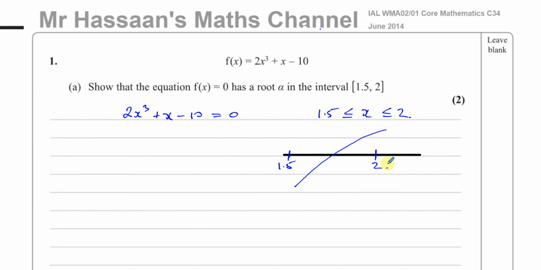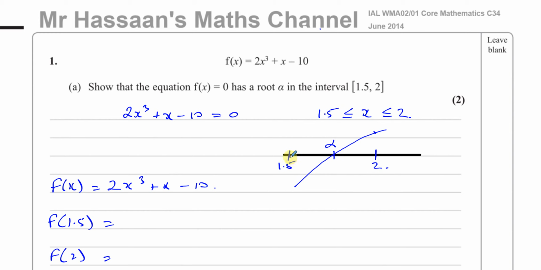If there's a root between 1.5 and 2, then when you replace x with 1.5 inside the function f of x equals 2x cubed plus x minus 10, it's going to give me a certain value. And when I replace x with 2 inside this function, it's going to give me a value with a different sign, because the roots are the places where it crosses the x-axis.